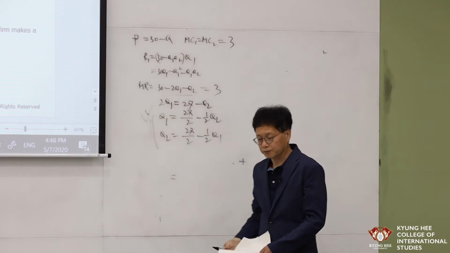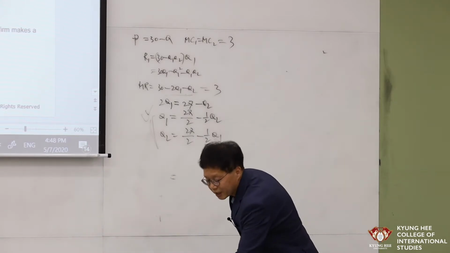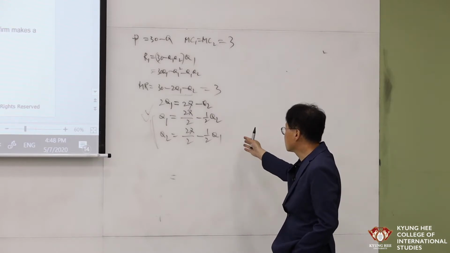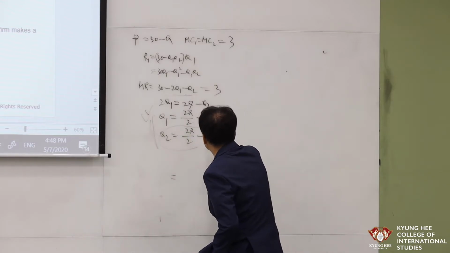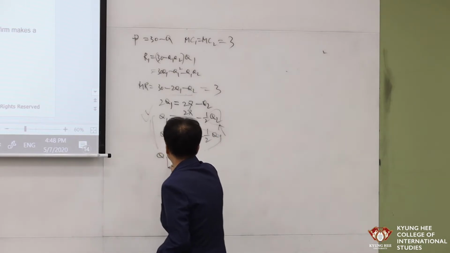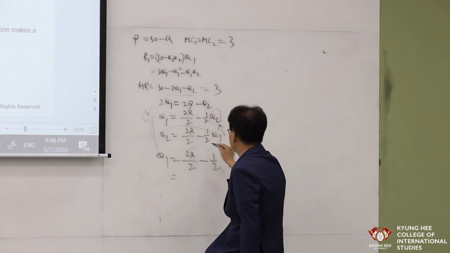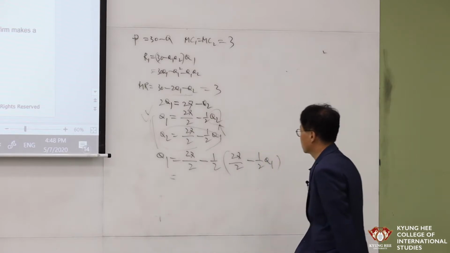From these two reaction curves, we can calculate Q1 star and Q2 star, the solution of two simultaneous equations. Q2 inserted here, so Q1 is equal to 27 over 2 minus half Q2, which is equal to 27 over 2 minus half Q1.